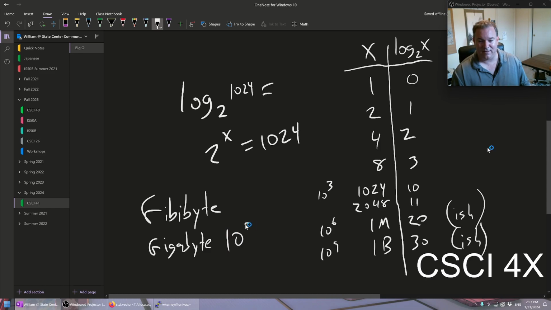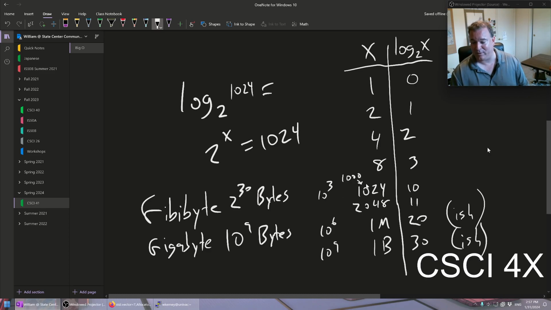A gigabyte is 10 to the 9th bytes of data. A gibibyte is 2 to the 30th bytes. And these things are not the same. They're close. Like 10 to the 3rd is 1,000, which is pretty close to 1024. That's why we tend to use them interchangeably. But it's off by a little bit.